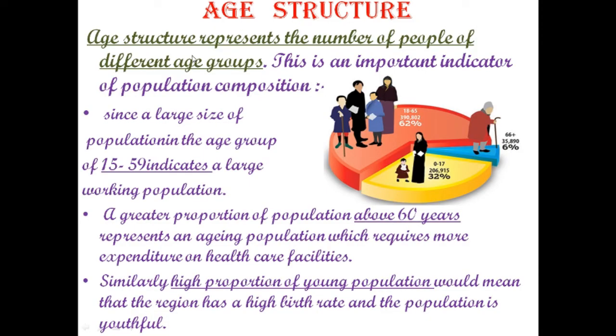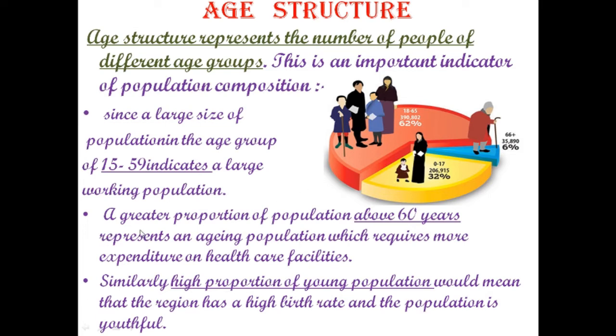Age structure presents the number of people of different age groups. This is an important indicator of population composition. Since the large size of population in the age group of 15 to 59 indicates a large working population.